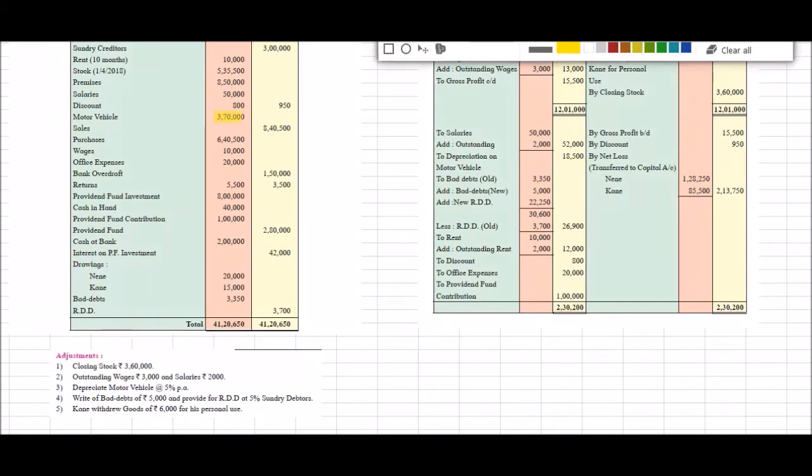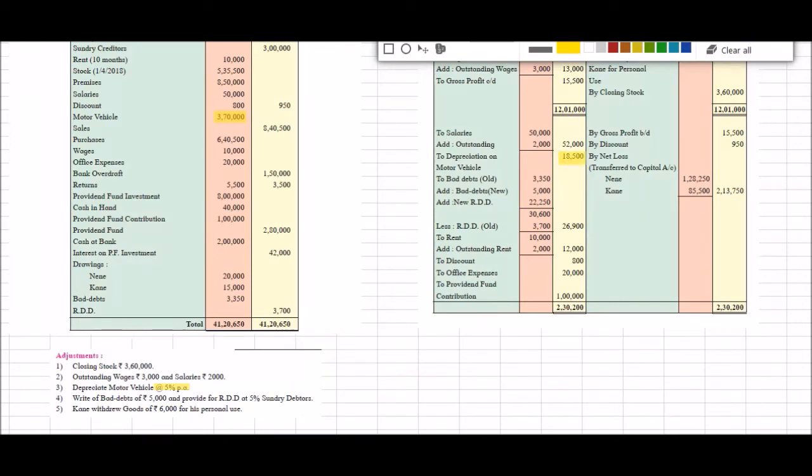We need to depreciate at 5% per annum, so after calculating, we got a depreciation amount of 18,500 rupees.